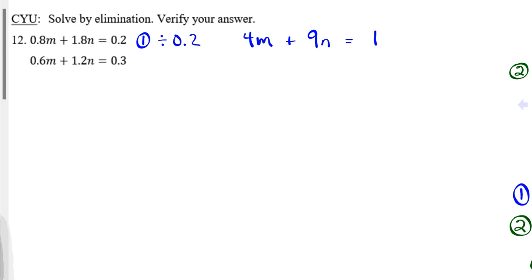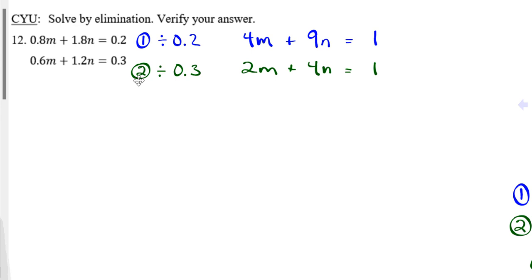So I chose to divide equation 1 by 0.2, giving me 4m plus 9n is equal to 1. And I did something similar with equation 2, dividing both sides of the equation by 0.3, and that eliminated the decimals.